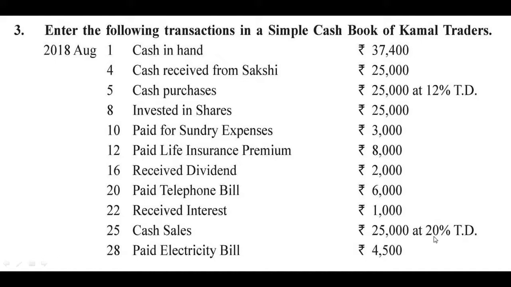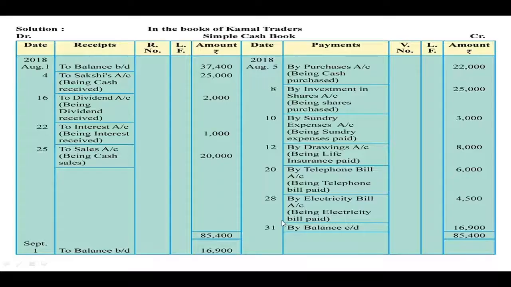So we have to calculate 20% of 25,000, that comes to rupees 5,000, and that you have to subtract from this 25,000. Therefore the remaining amount is 20,000 that comes in the business. So 25th August, to sales account 20,000 will be recorded after subtracting 20% trade discount.